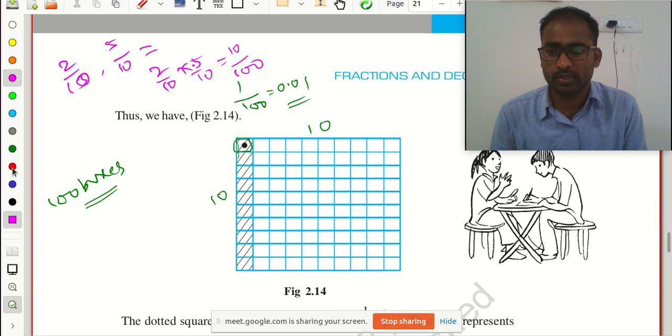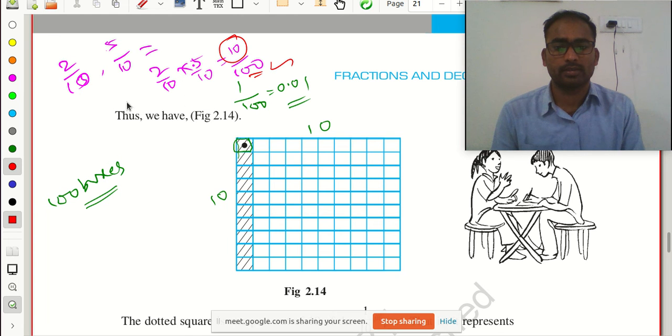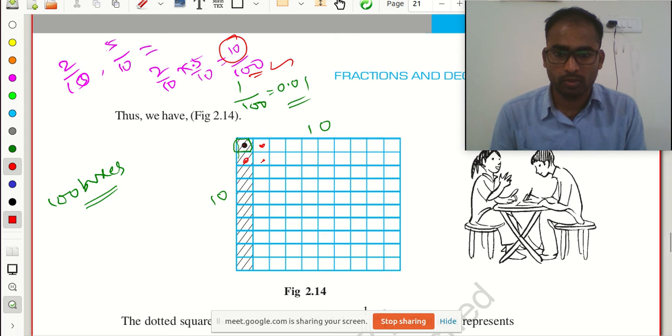So I need to cover 10 boxes out of 100 boxes. Clear? So here 1, 2, 3, 4, 5, 6, 7, 8, 9, 10. This is the answer for this one.